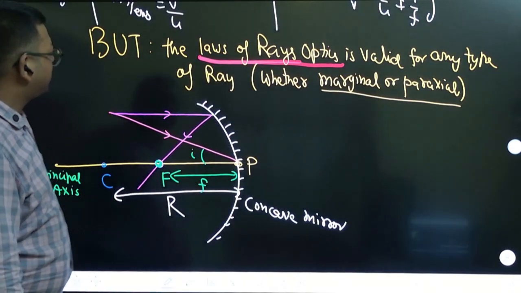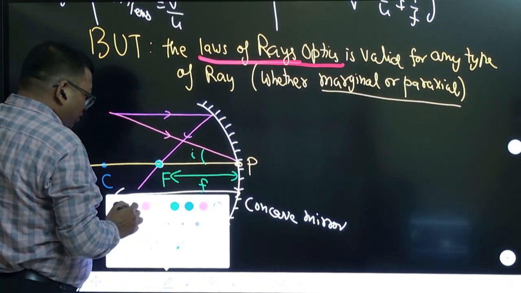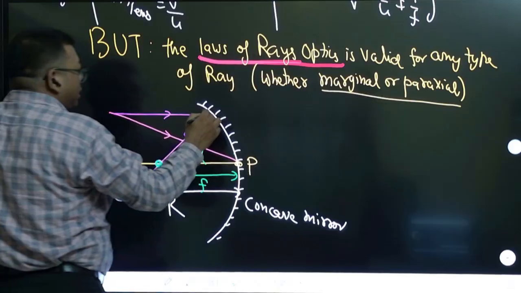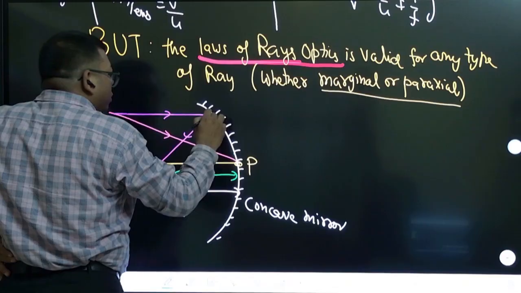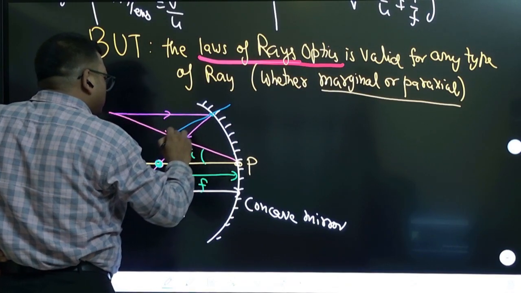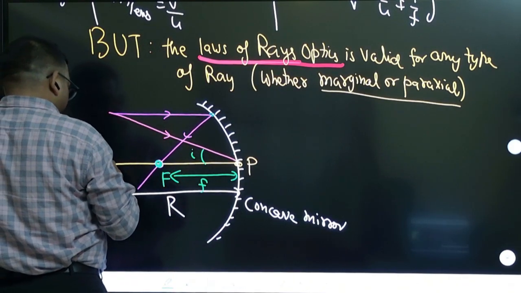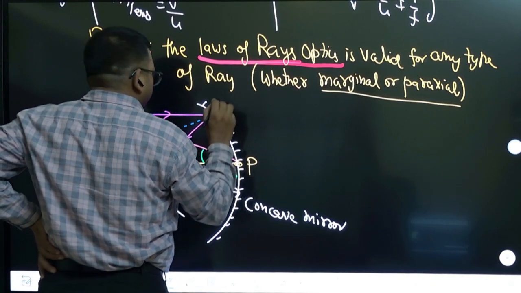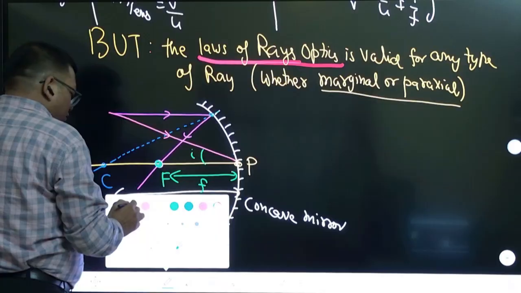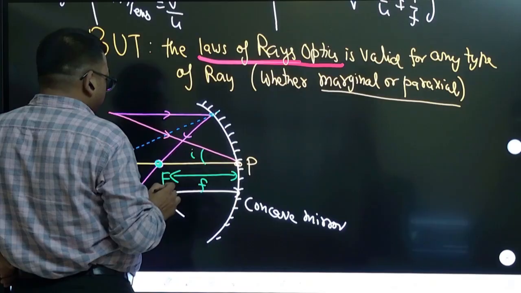Let us see that. Suppose I draw the normal at this point. You know the normal will pass through the center, right?